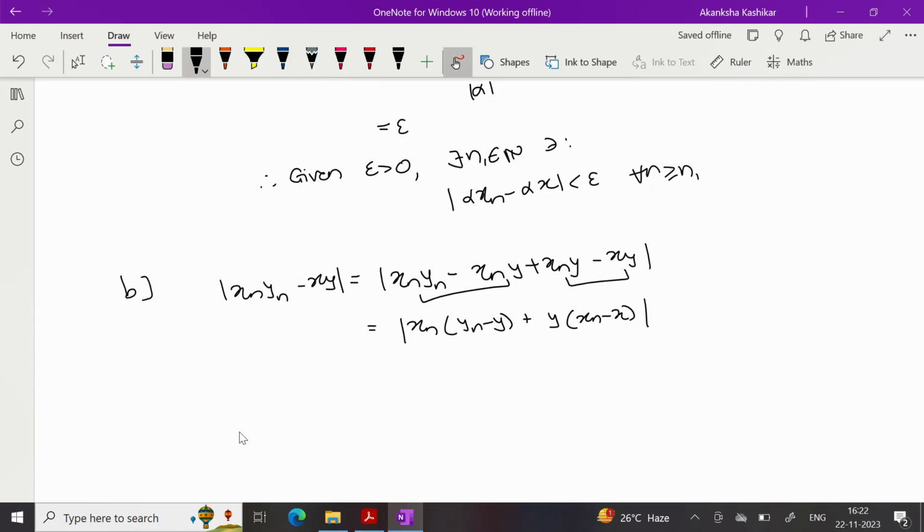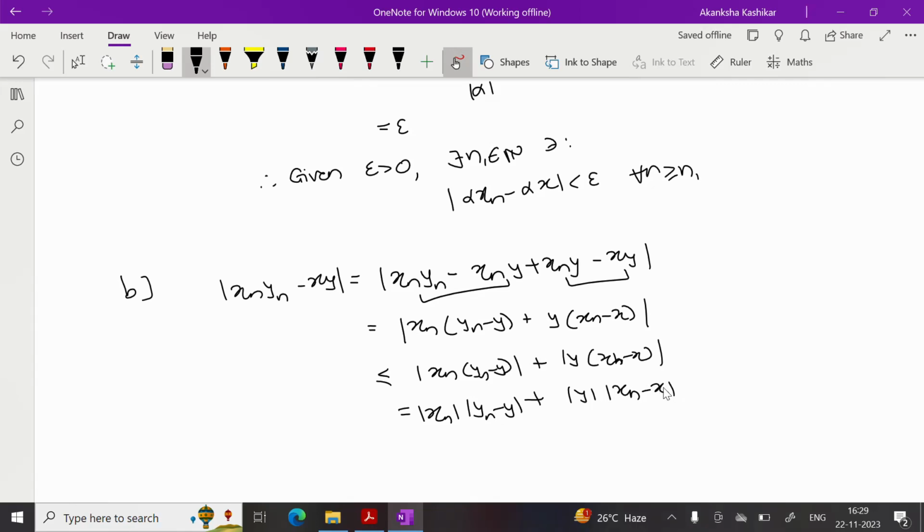This I can write by triangle inequality as less than or equal to mod xn into yn minus y, plus mod y into xn minus x, which is nothing but mod xn into mod yn minus y plus mod y into mod xn minus x.